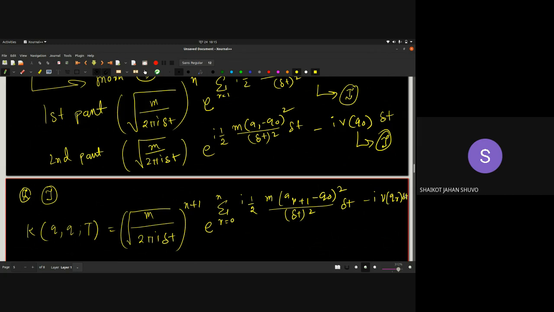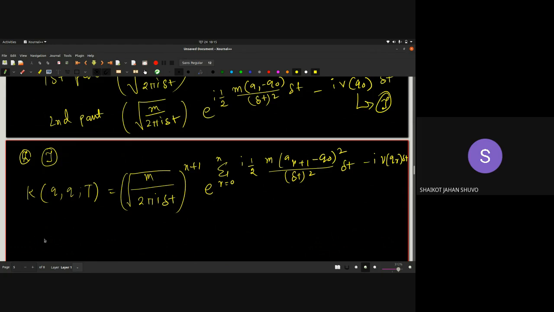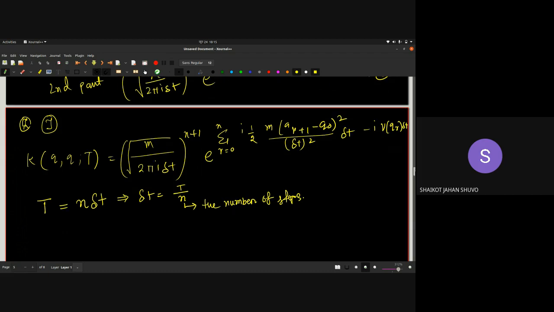So if you write capital T equals some n times delta t, this will mean that delta t would be equal to T by n, where n would be the number of time steps, and you want to make this delta t as small as possible. So that means delta t would be going to what? 0.